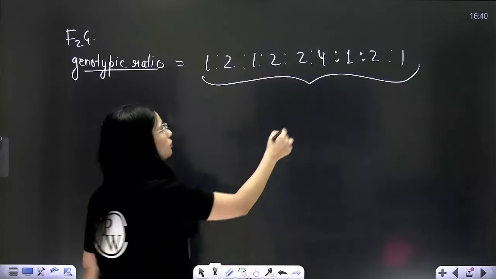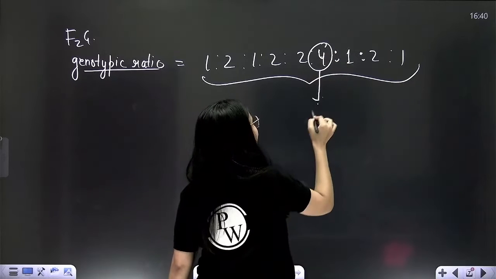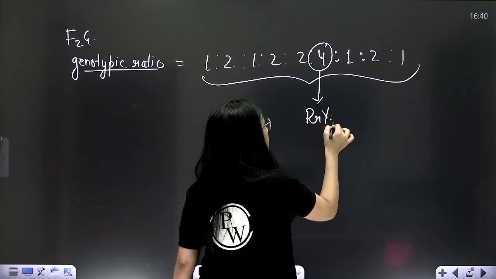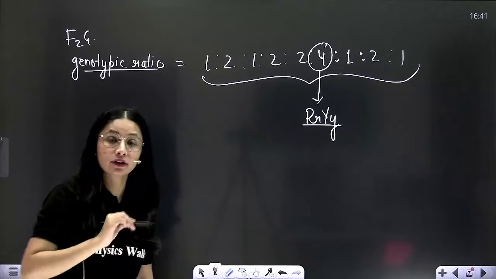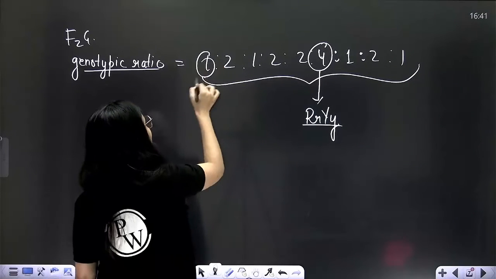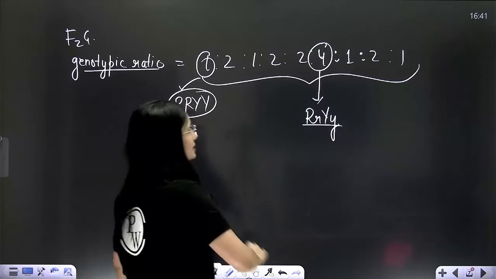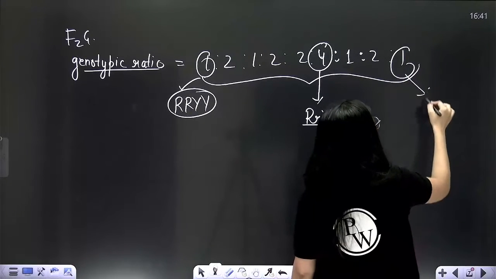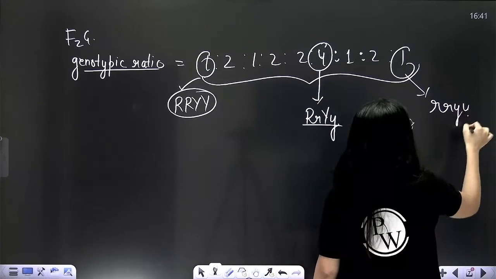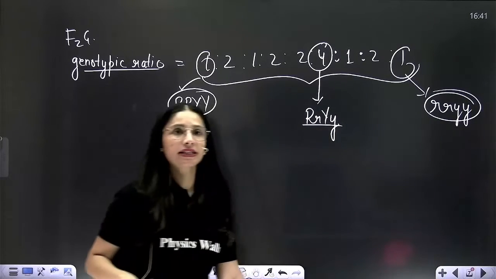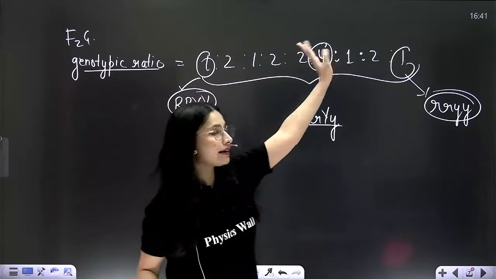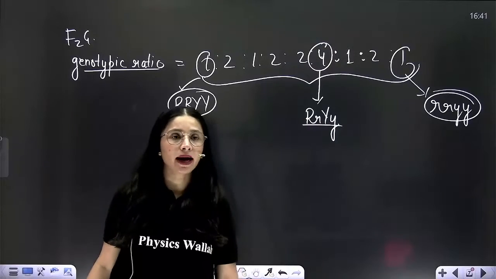I'll just tell you one of the genotypes for 4: this is where both the genes are present in their heterozygous state. For 1, this is where both the genes are present in homozygous dominant state, and this is for both the genes present in their homozygous recessive state. The remaining 2, 1, 2 and everything you have to do on your own.